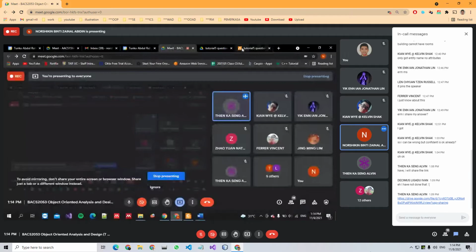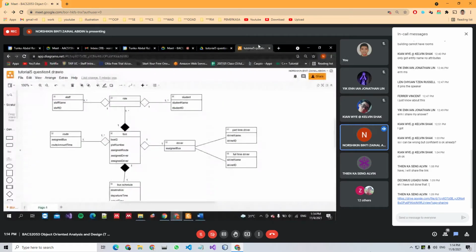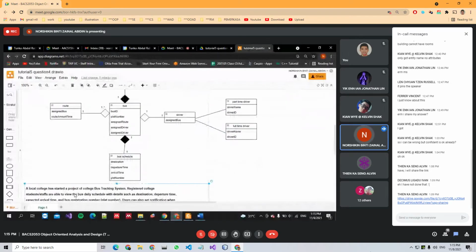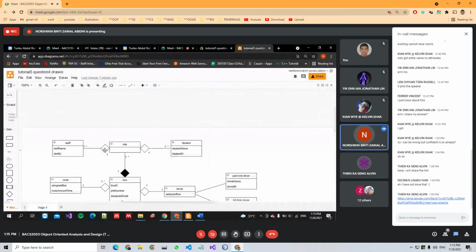Okay, this class staff and student. The entities staff and student are mentioned in the situation given, right? But this relationship and this multiplicity is your assumption, right?